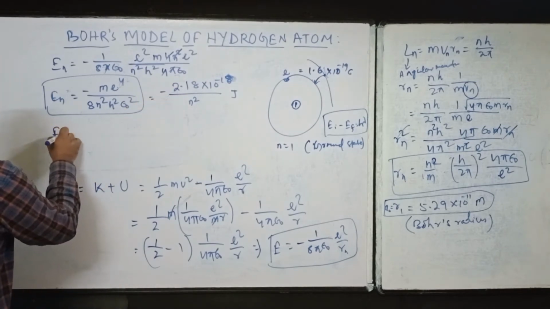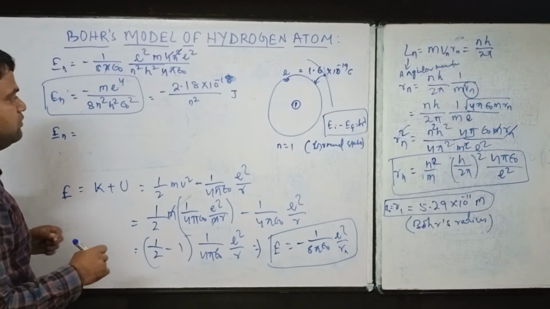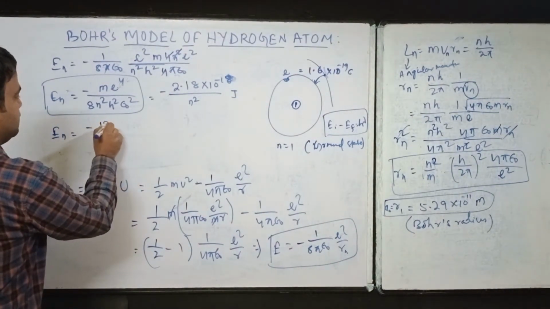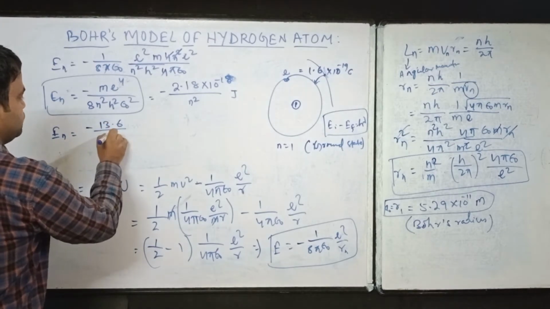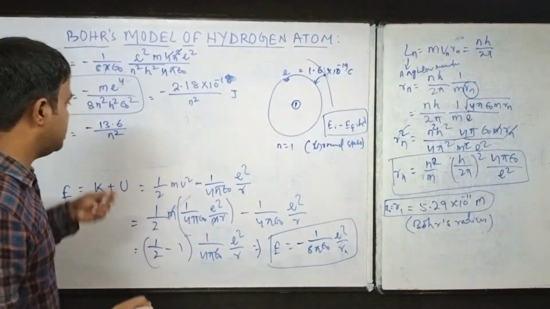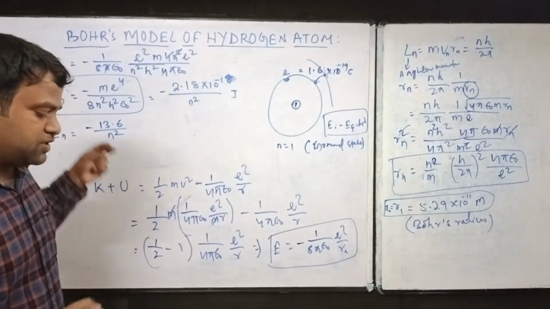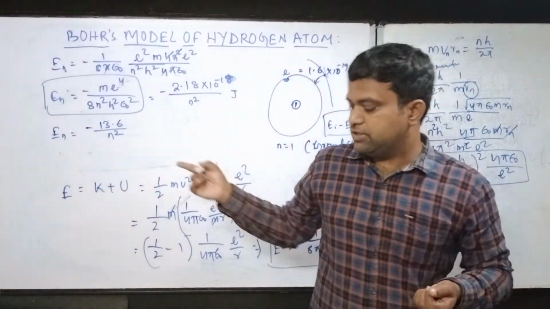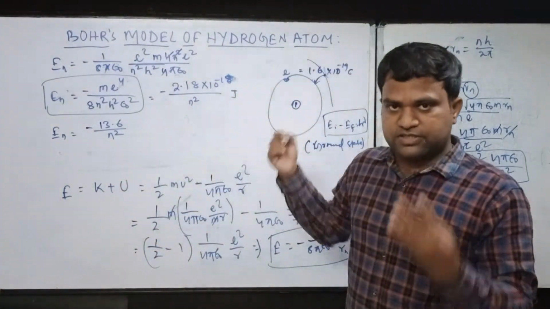So your En in terms of eV will come up as minus 13.6 over n square, a very popular number, you should remember it. In many types of competitive exams, this type of question comes. They will ask you to calculate the energy, or sometimes what will be the energy of the first excited state.